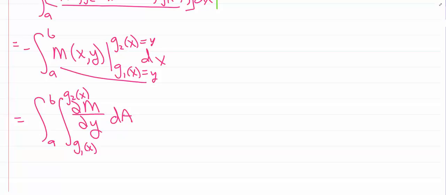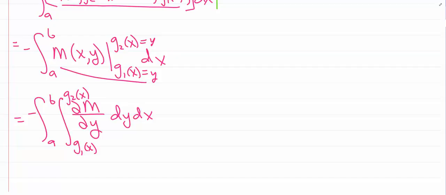In other words, if I integrate this with respect to, let me just go ahead and put dy, and then dx, right? I can do that, right? That's saying the same thing because m is the antiderivative of the partial, right? Yeah, there's a negative in front.